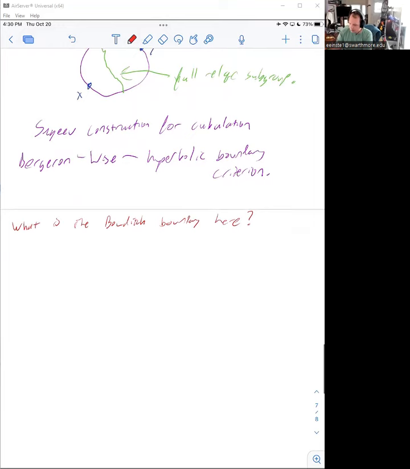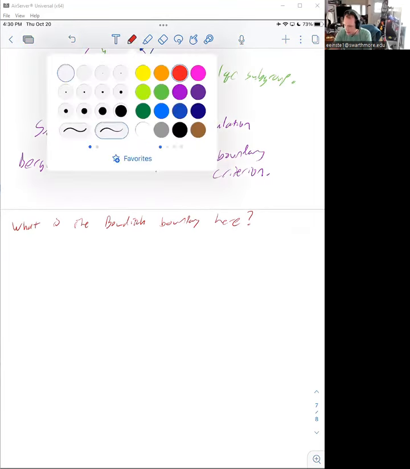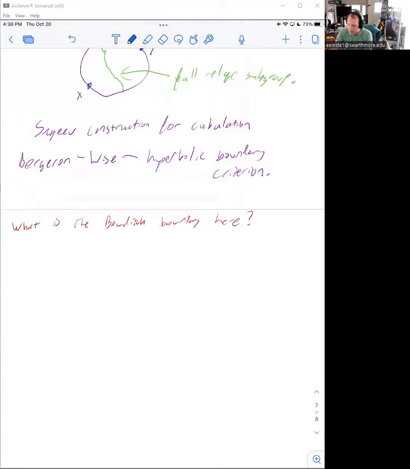What you want to think about is the following. So we have, say, (G,P) acts relatively geometrically on X̃, some CAT(0) cube complex.